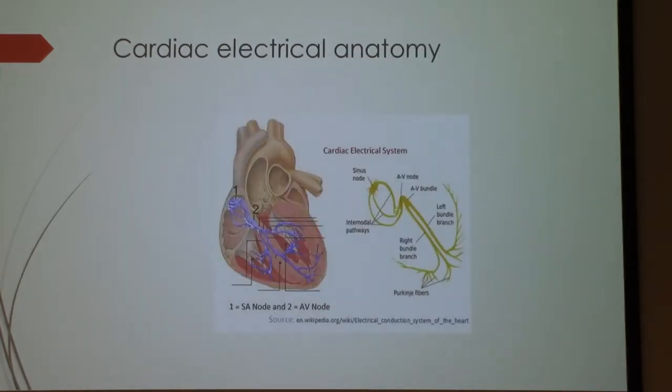The main thing we want to concentrate on today is the electrical activity of the heart and how it correlates with the EKG when you take a look at the complexes. The SA node is the natural pacemaker of the heart. We're looking for an intrinsic rate of about 60 to 100 beats per minute.